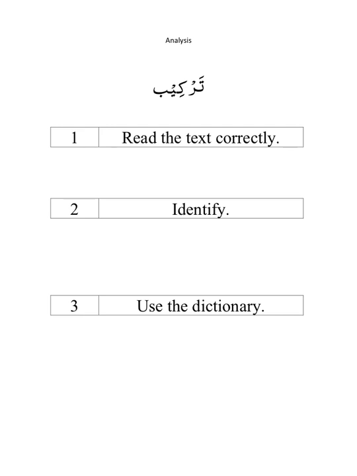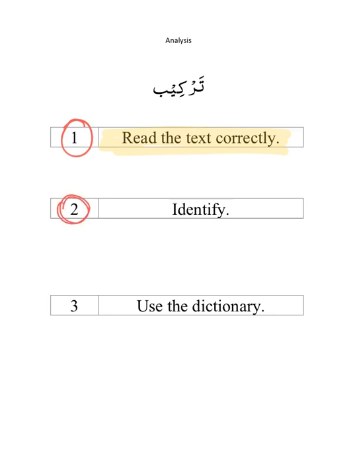So first and foremost, as you will notice from the screen, number one, you need to read the text correctly, the Arabic text. That's the first and foremost requirement, reading the text correctly, the ibarah.